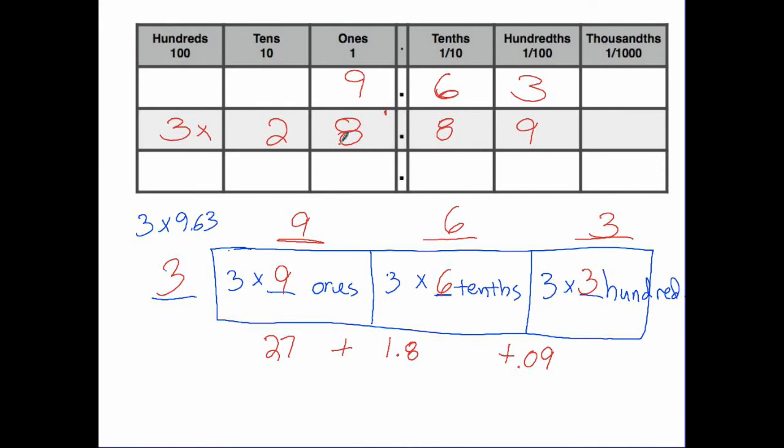I like that, fast. Or you come down here and say 27 plus 1 and 8/10 plus 9, whoops, 9 hundredths. You get the same answer? Yep, you get the same answer.